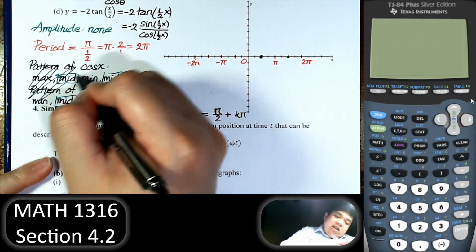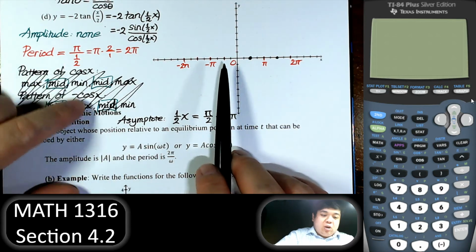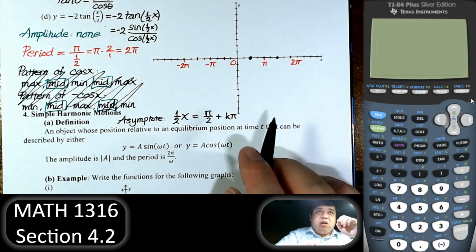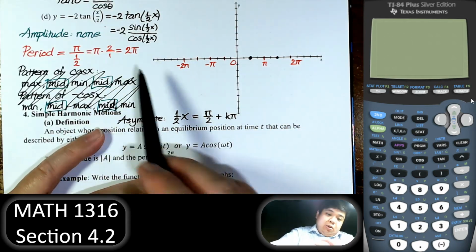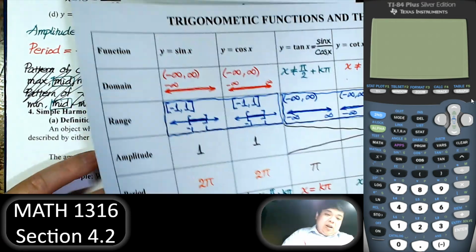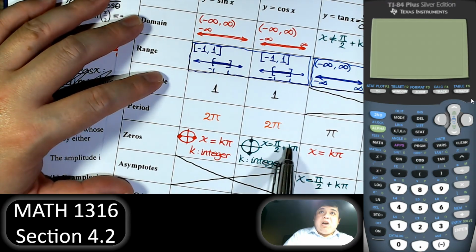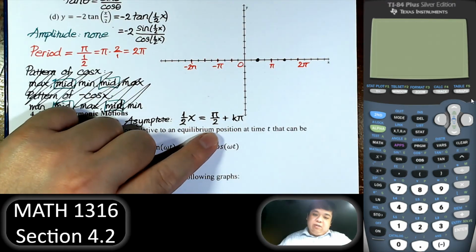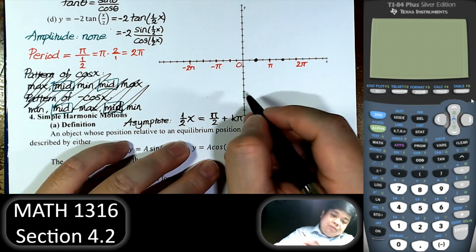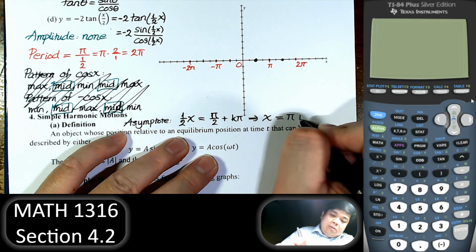Multiply 2 on both sides: x equals pi plus 2k pi.